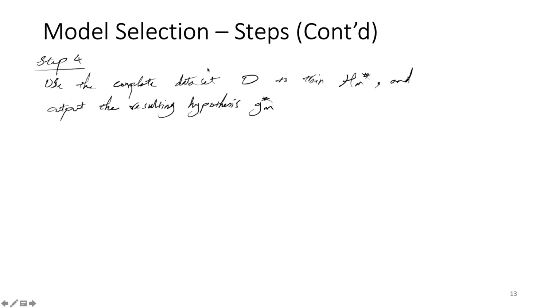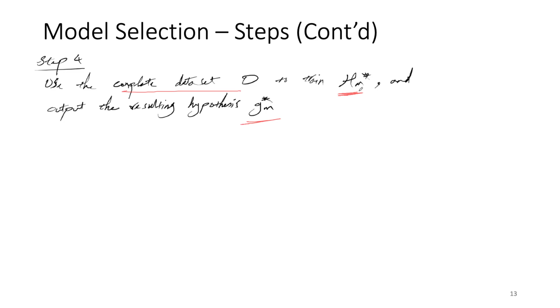Now finally, after we pick the best hypothesis, we're going to come back and train on the complete data set, with that hypothesis M, the best one, the H of M star, and output the resulting hypothesis G star M, right?